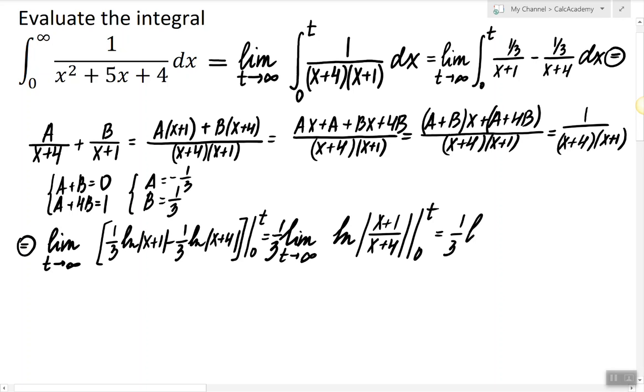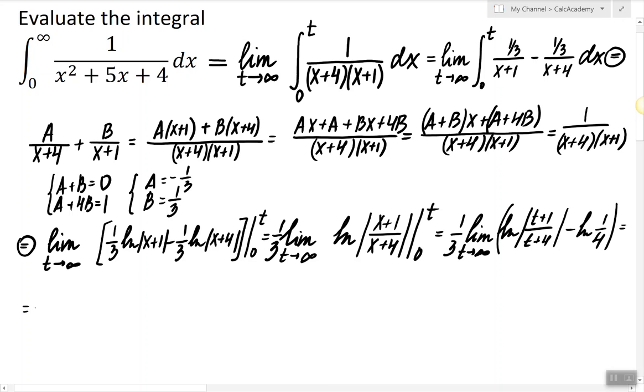So at t, we have ln of t plus 1 over t plus 4 minus ln, and now we're plugging in 0. So at 0 it is just 1/4.